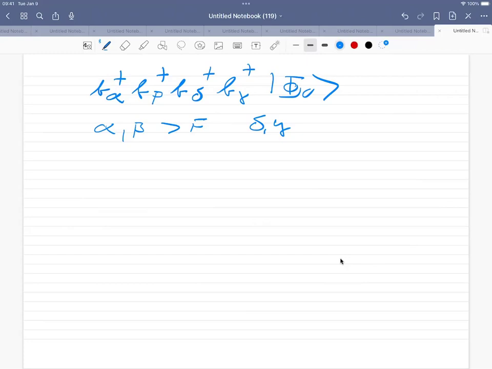But now we could assume that this gamma and delta are below the Fermi level. So if I now bring back the old operators, this is the same as a_alpha^†, a_beta^†, and then I have an a_delta and an a_gamma acting on phi 0.